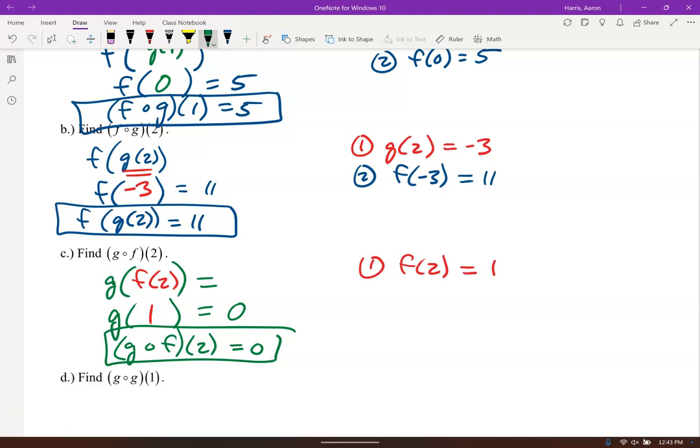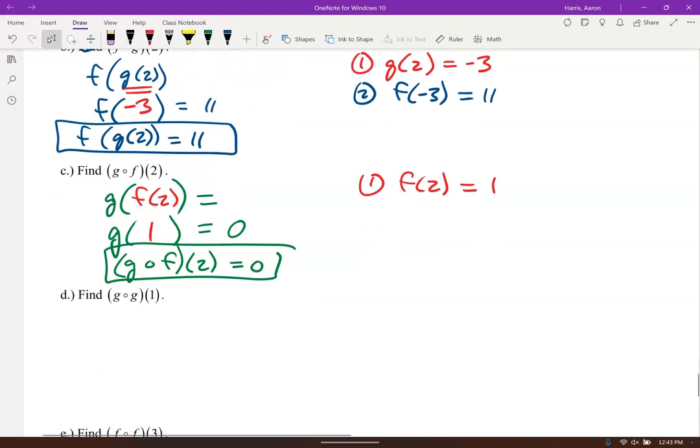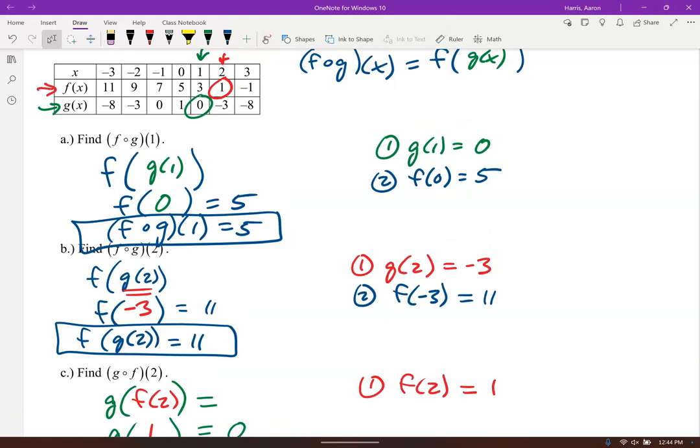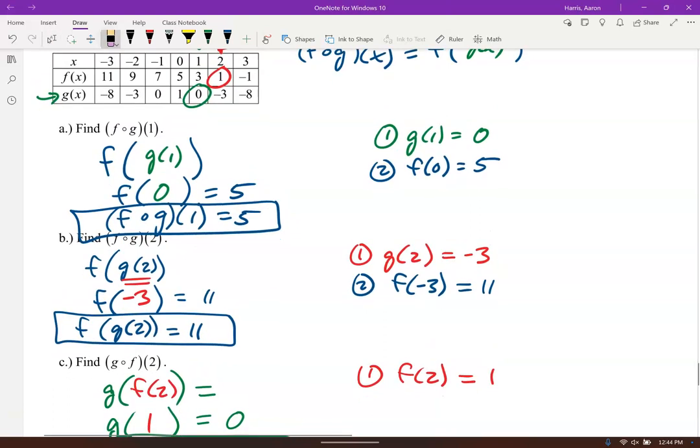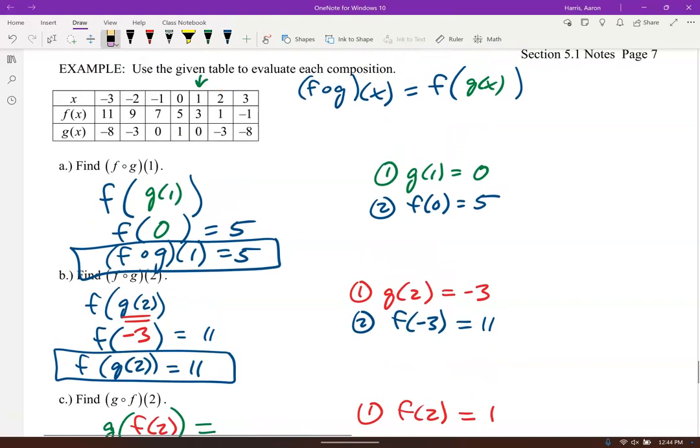How about g of g of 1? Let's find g of 1. Going back up, g of 1 is 0.